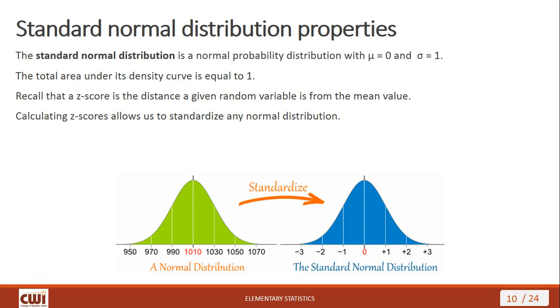Now recall from our previous work that z-score is simply the distance a given random variable is from the mean value. And so calculating a z-score will allow us to standardize any normal distribution. So we can have data that's normally distributed, and it might have a mean that's not 0 and a standard deviation that's not 1.